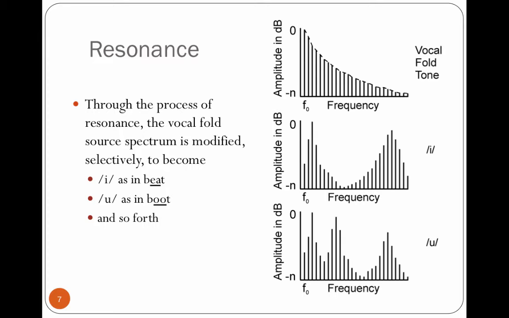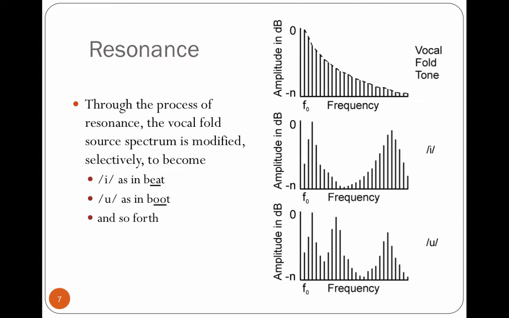And we can resonate, we can amplify some of the harmonics, and we can filter and cut other harmonics. So you see how if you look at the E sound in beat, there's a lot of filtering happening in the mid frequencies, but then there's resonance or amplification happening further on.